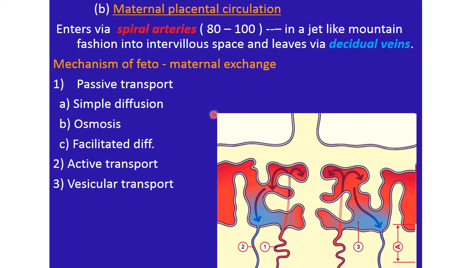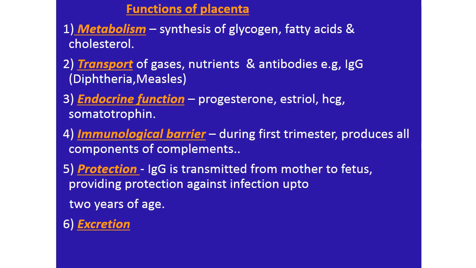The mechanisms involved in the feto-maternal exchange are: number 1, passive transport, number 2, active transport, number 3, vesicular transport. In case of passive transport, it may be simple diffusion, osmosis, or facilitated diffusion. Now the functions of the placenta briefly.